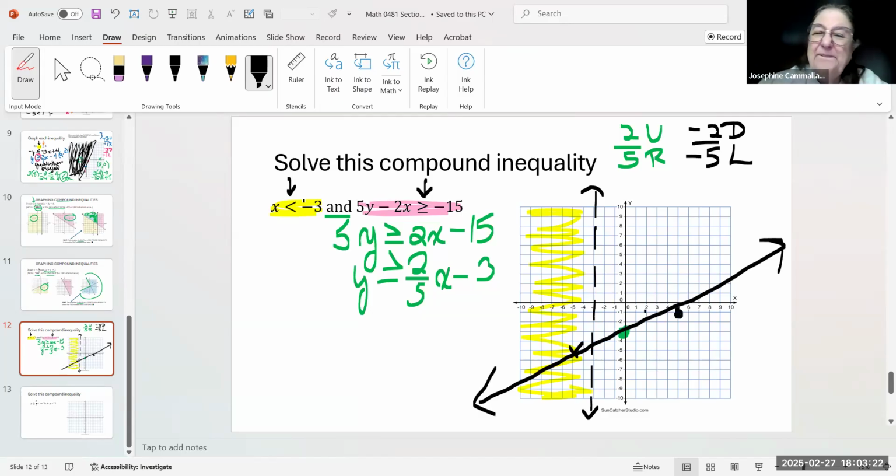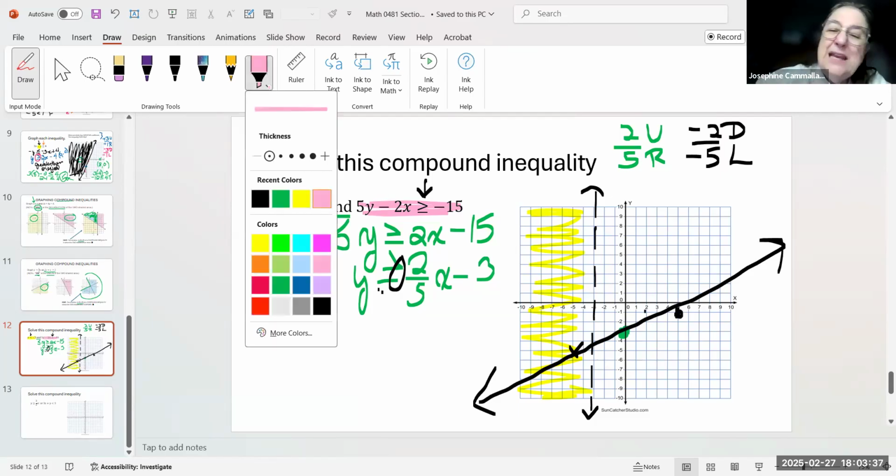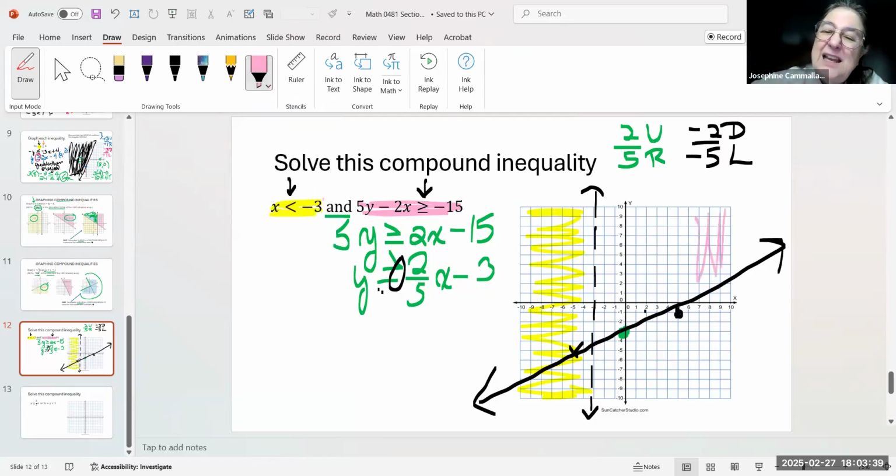Okay? Now, here's the fun part. Where are the y values greater than the line? Well, my pink place is everything up here.